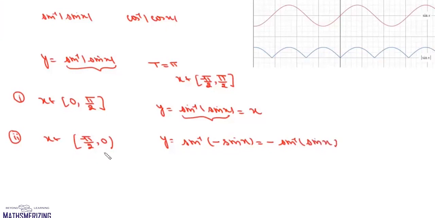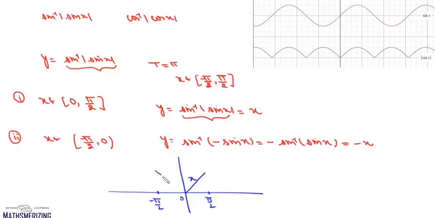Now x still lies in the principal value range. So here it will be simply minus x. So we'll draw this graph: from 0 to pi by 2, it is plus x, and from minus pi by 2 to 0, it is minus x.